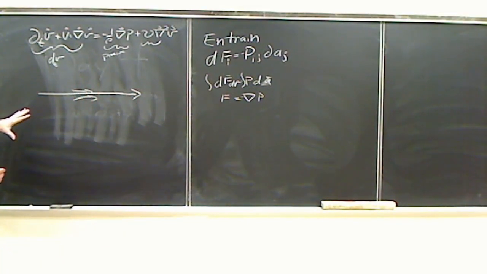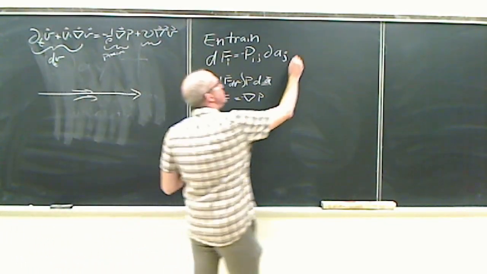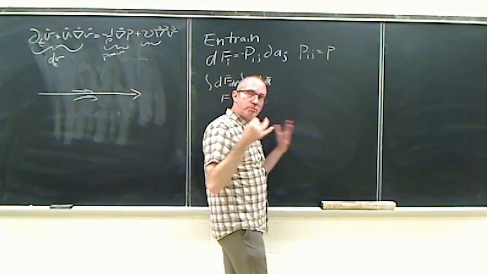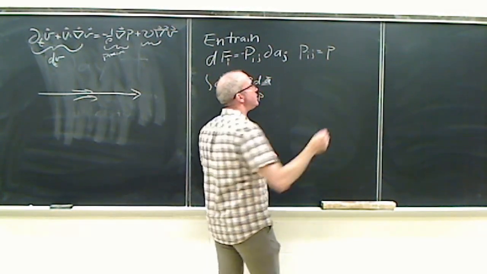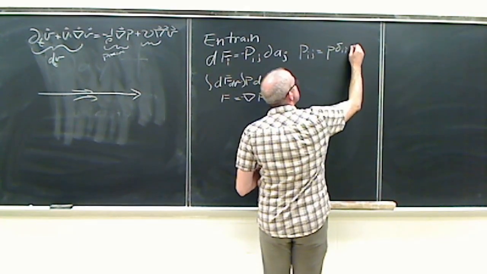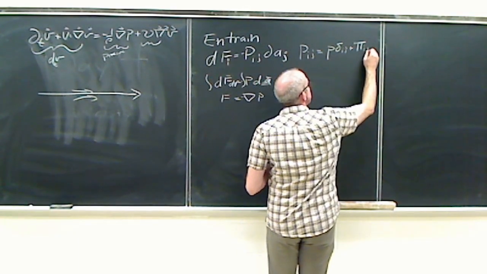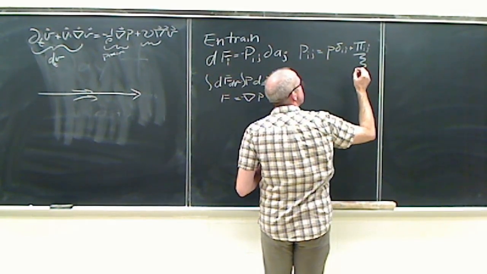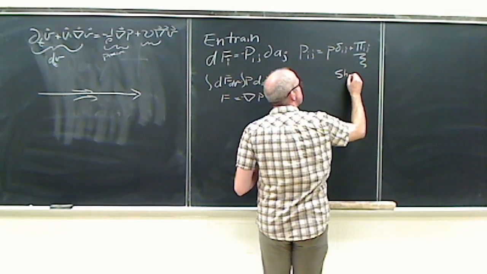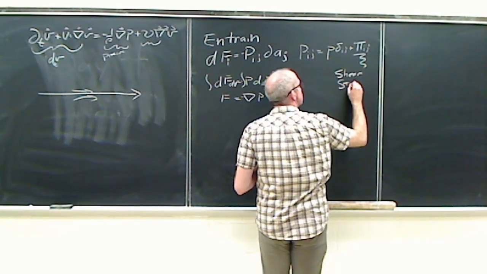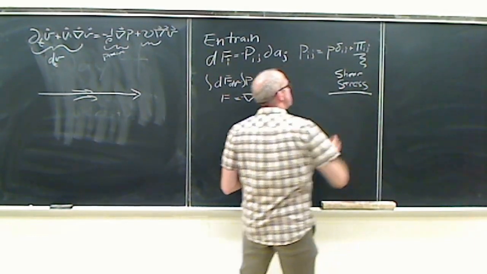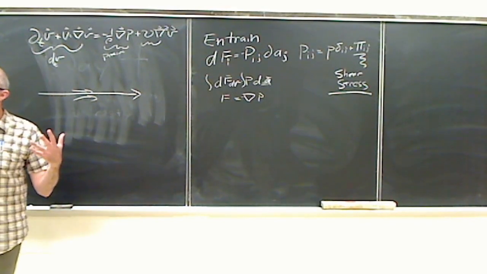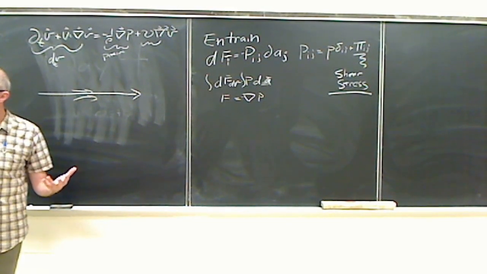So now I'm going to write my pressure tensor. P_ij is going to be my isotropic gas pressure that you're used to, PV equals nRT pressure, times delta_ij, plus pi_ij. And this is now the shear stress. So stress is any sort of differential force on a body.